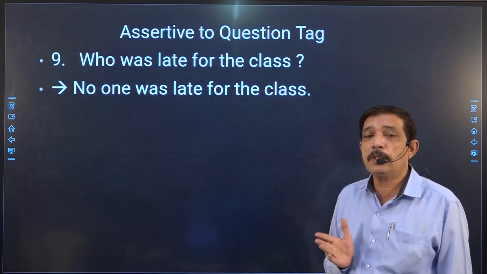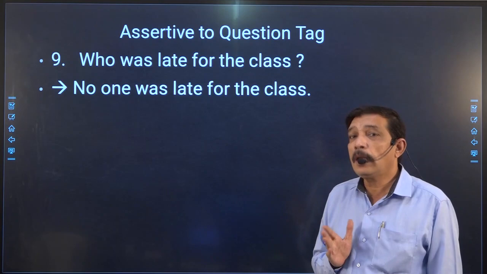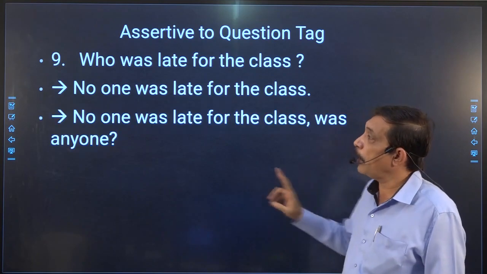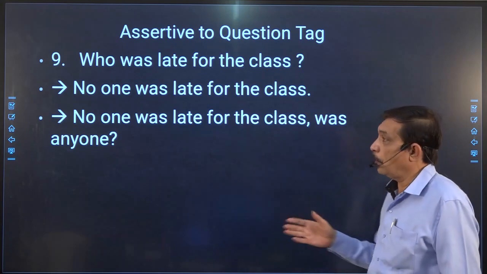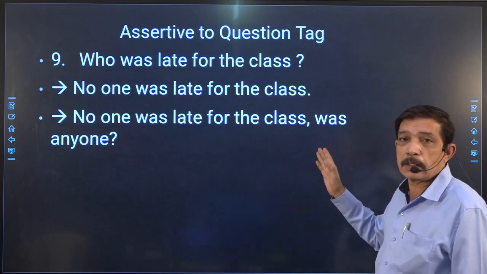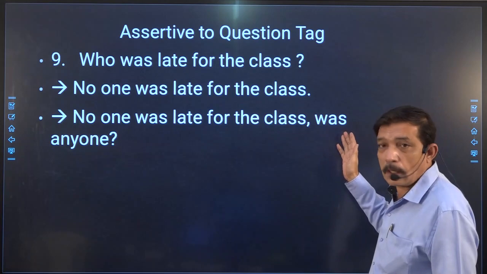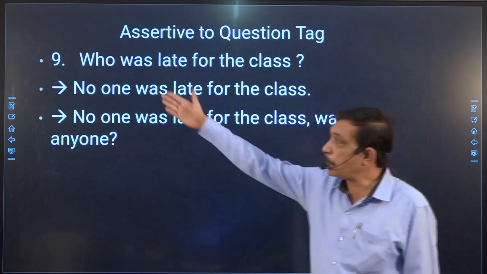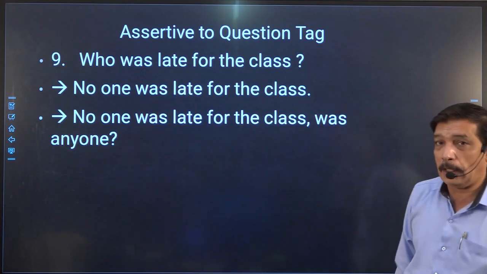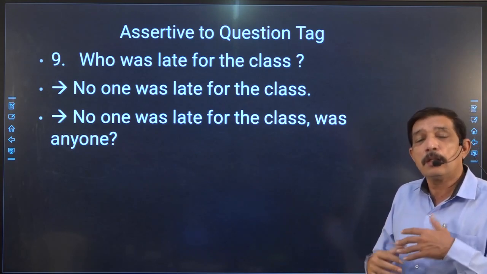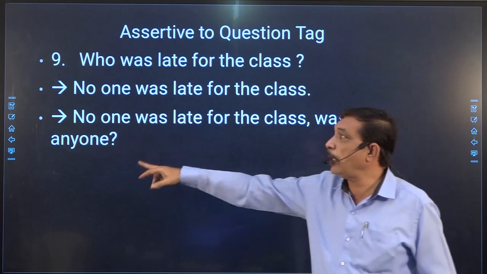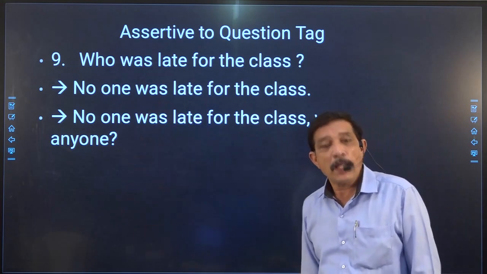That means compulsorily we have to write the helping verb, right? Now what will happen to no one? No one, antonym, anyone, right? So no one was late for the class, comma, we'll put the helping verb was, and the antonym of no one, that will be anyone, right? So we cannot have somebody, someone. Yes, we will have to write anyone, because the antonym of no one will be anyone.